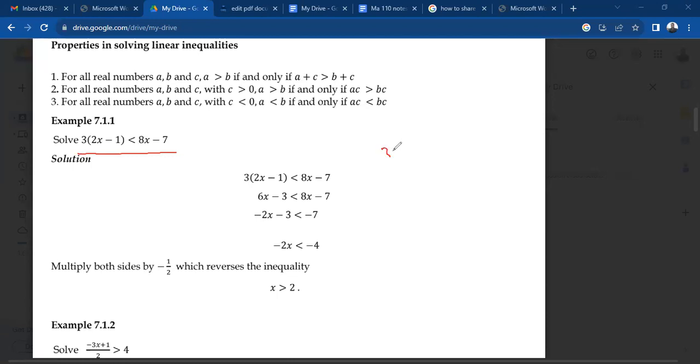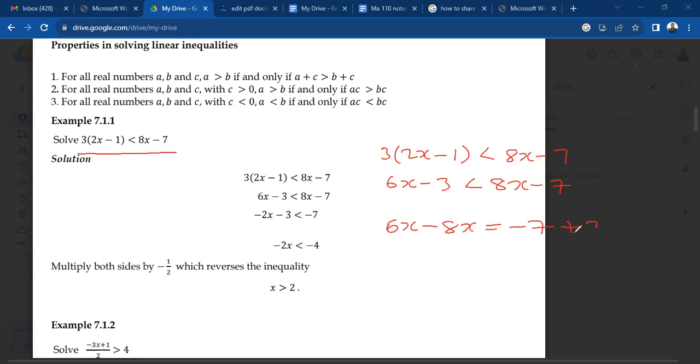So we have 3 open bracket 2x minus 1 less than 8x minus 7. What you do is expand, you get 6x minus 3 less than 8x minus 7. Then bring the 8x to one end, so that this is 6x minus 8x less than minus 7 plus 3.